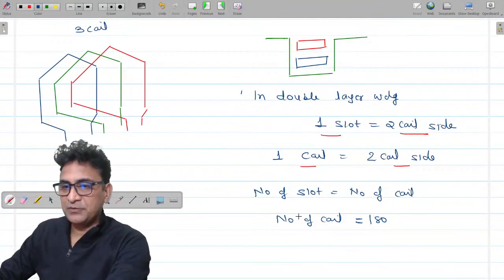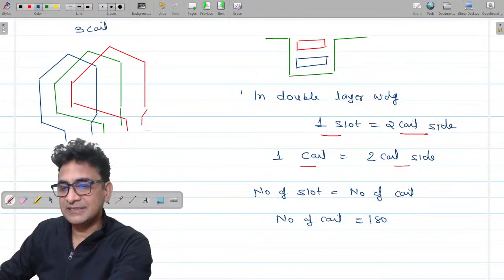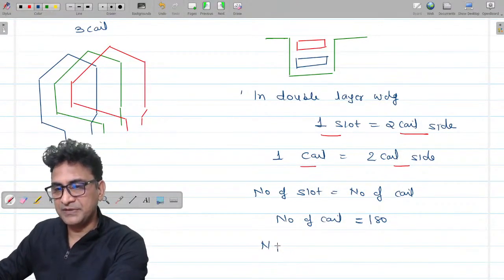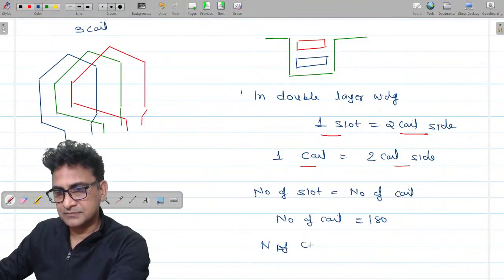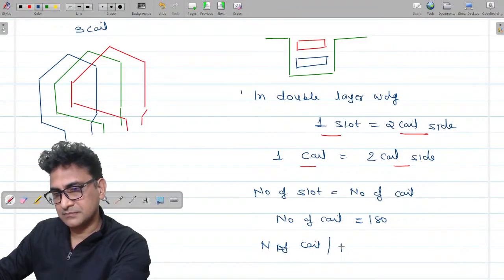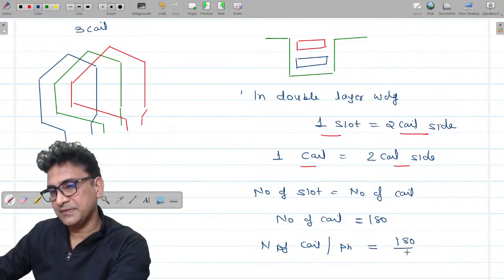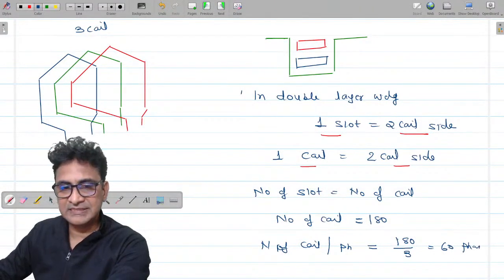But we have to find out how many coils we have in a single phase winding. So number of coils per phase. In a single phase, how many coils are we using? If you divide by the number of phases, in a single phase we have 60 coils.